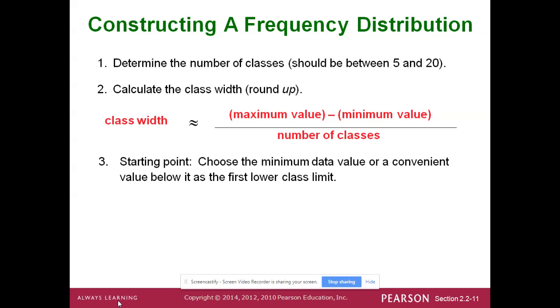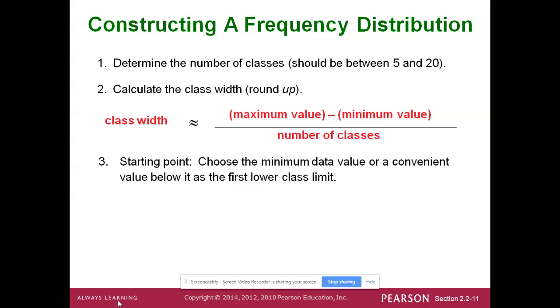Starting point. After you've determined the number of classes and got your class width, choose the minimum data value or a convenient value below it for the first lower class limit. So if the lowest value in your data is a 20, then you're going to start making your classes at that 20 or a convenient number just below that, depending on what your highest value is.